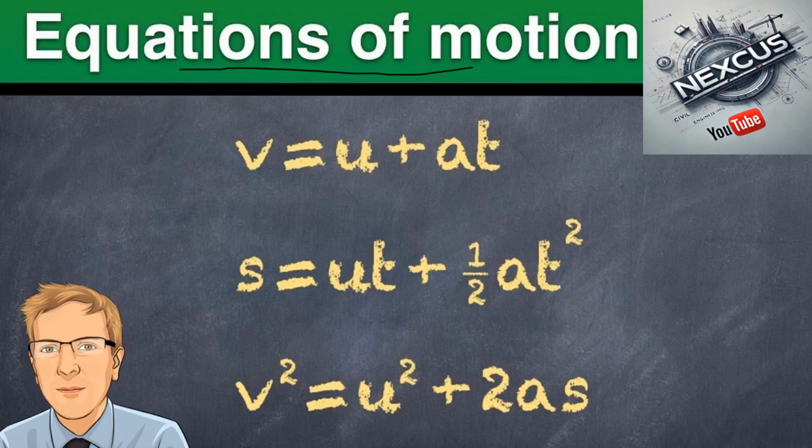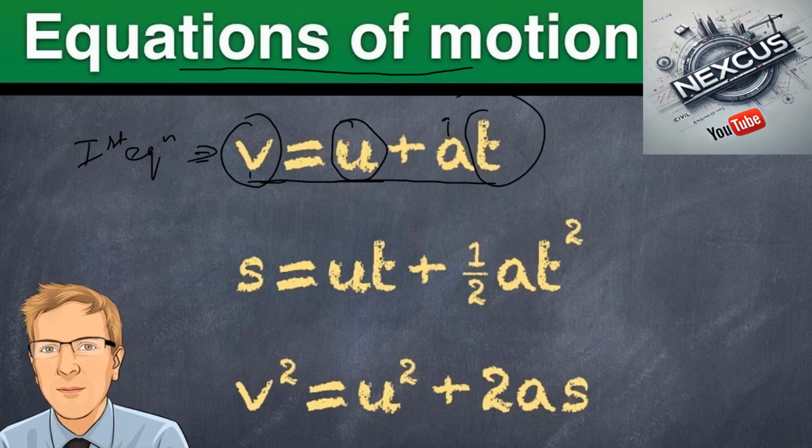In today's lecture we are going to do the derivations for the equations of motion. The first equation of motion is v is equal to u plus at, where v is the final velocity, u is the initial velocity, a is the acceleration, and t is the time taken.